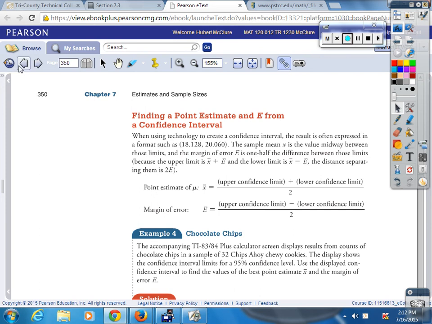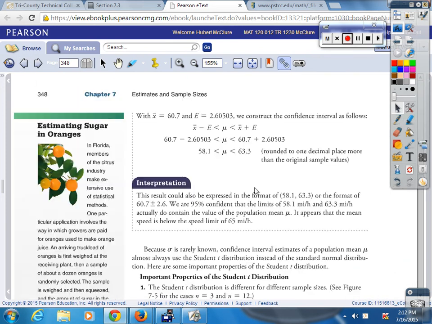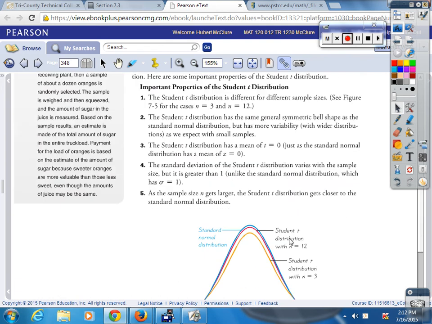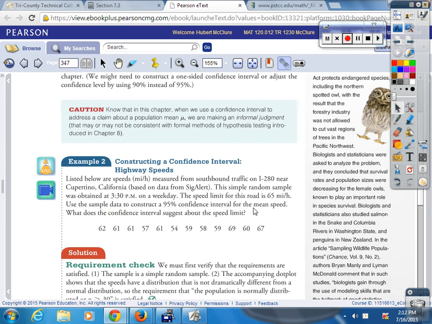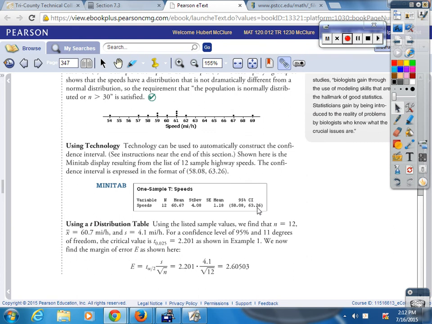All right, let's look back here. Okay, using a t-distribution table.